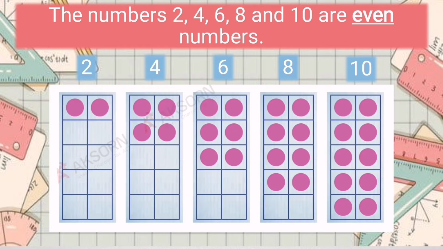What number pattern do you see? In this example, we're going to add 2. So 2 plus 2, 4. That is our pattern. We're going to add 2 more numbers. Again, the numbers 2, 4, 6, 8, and 10 are even numbers. Did you get it?